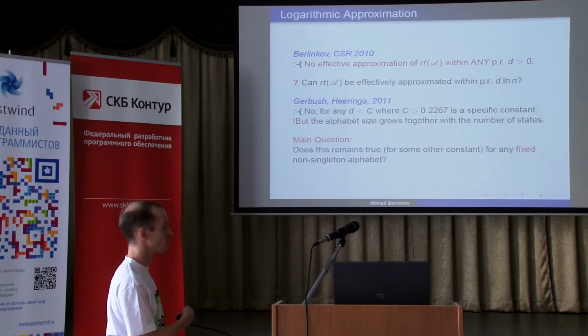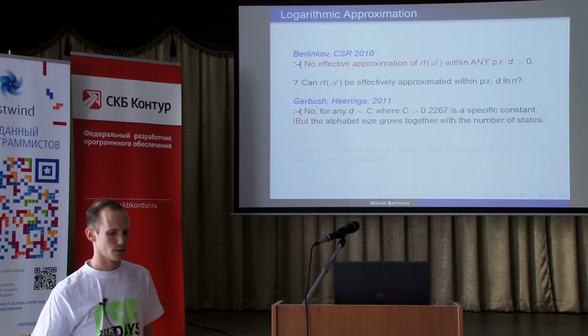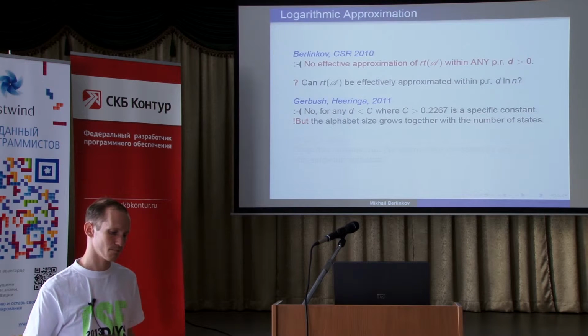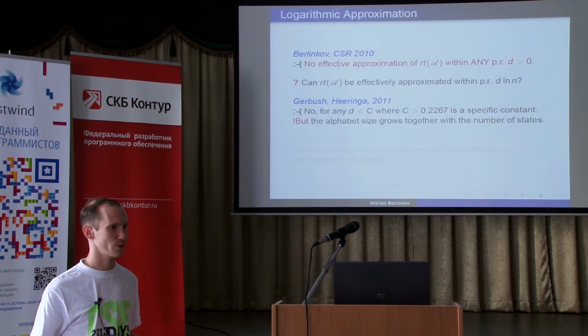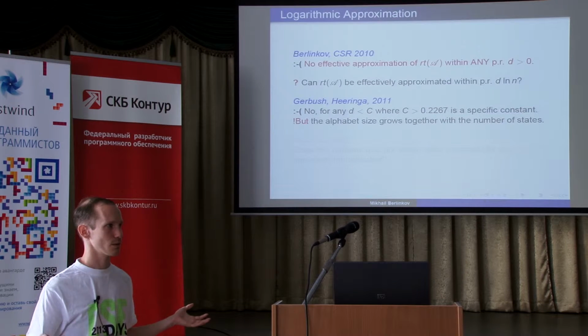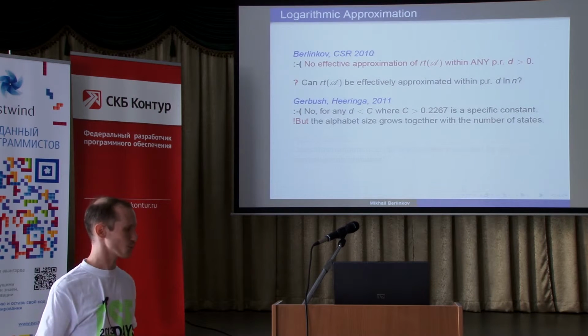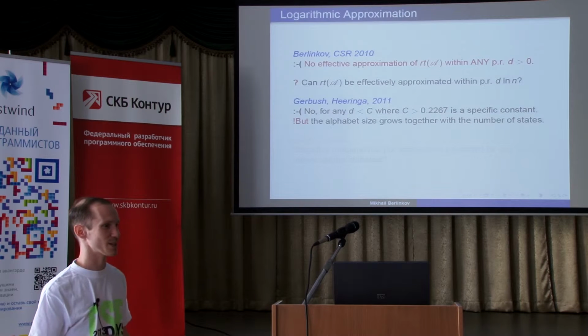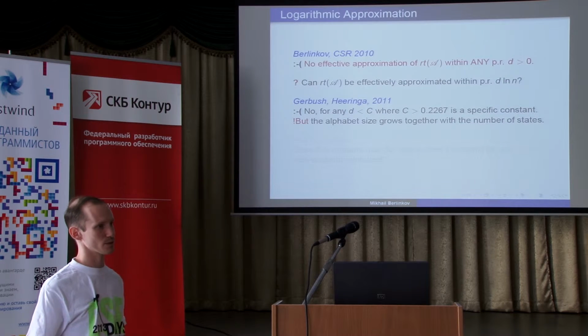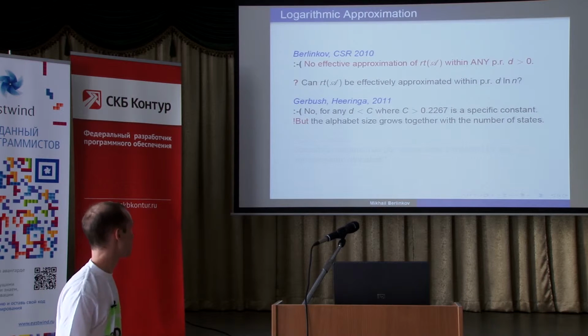Why the binary alphabet? Because the main theoretical problem in this theory is the Černý conjecture, and it is not proved for the two-letter alphabet case. Usually alphabets are assumed to be of fixed size.